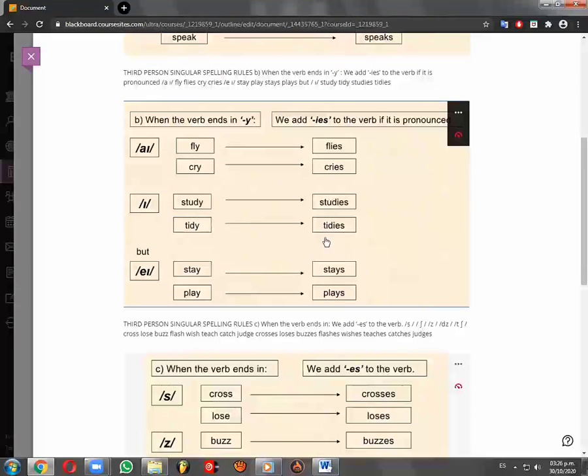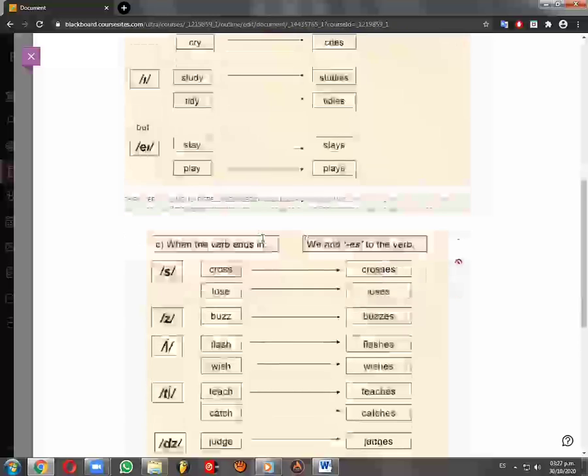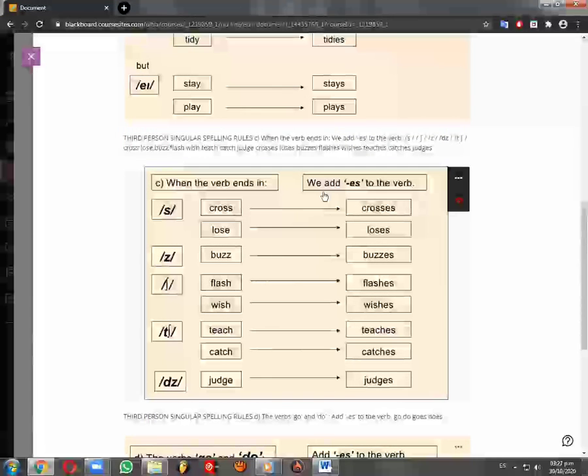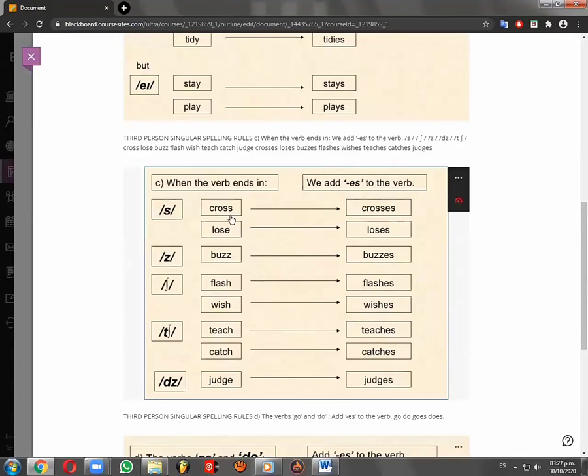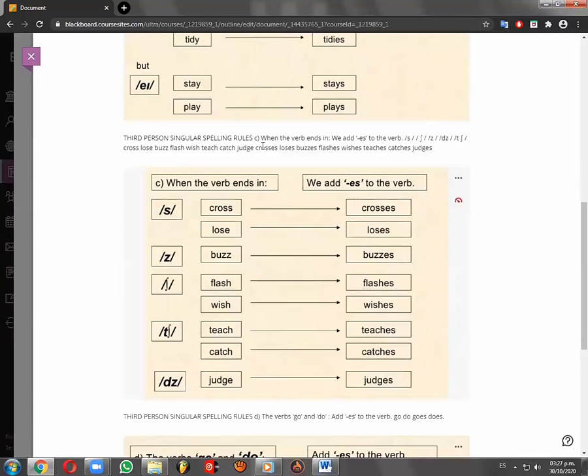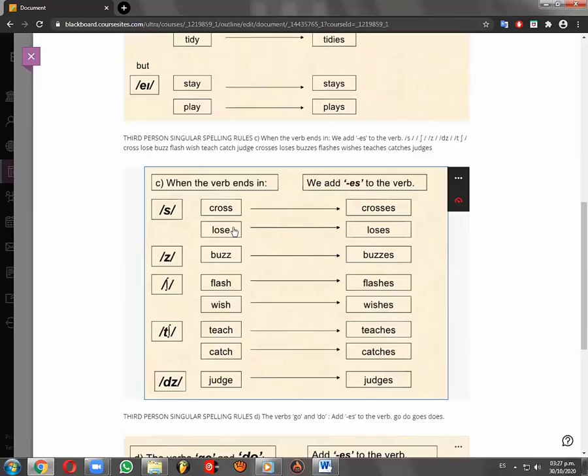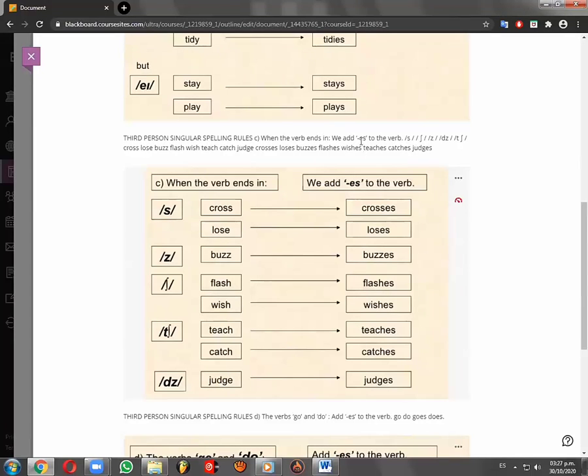TV, TVs. It's easy, right? So the third rule is when the verb ends with s or x. When the verb ends in this letter or pronunciation, we can add es to the verb.